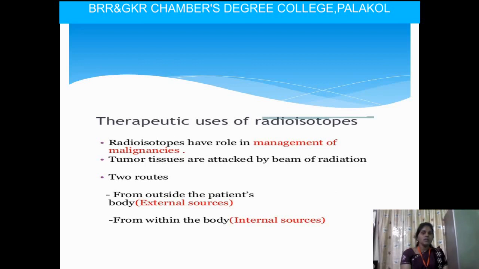This is also used in therapeutic uses, like the management of malignancy, where tumor tissues are attacked by beams of radiation. If a person has cancer or skin cancer, this person is exposed to beams of radiation.